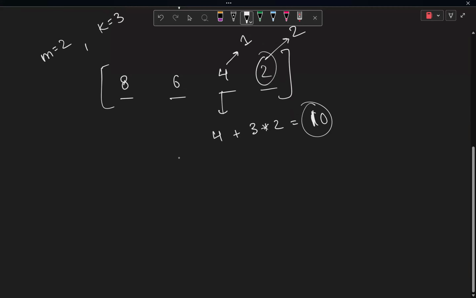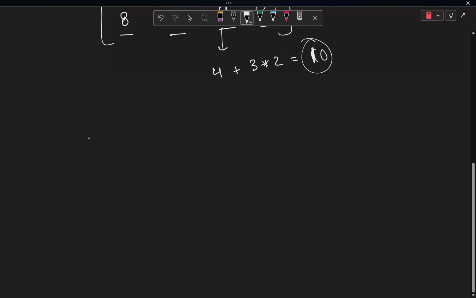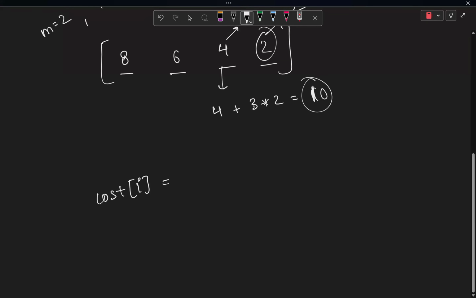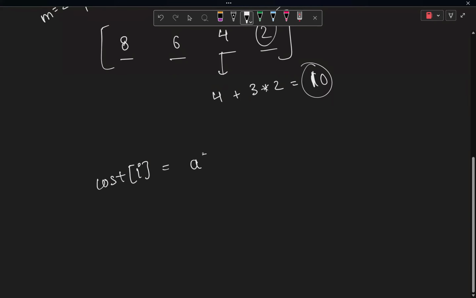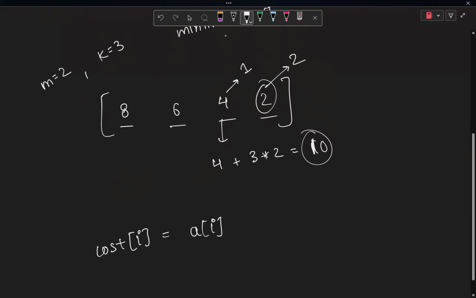So the basic idea which I had at this point of time is the cost of the ticket on the ith day. Let's call it cost I for now. The cost for the ticket on the ith day will be equal to AI, the initial array which is being given to me.